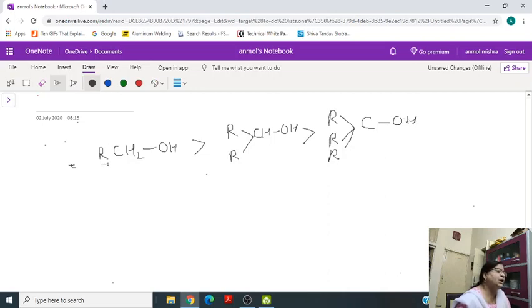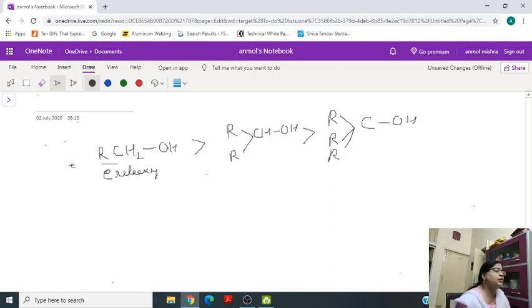Now this R is electron releasing. It increases the electron density on this carbon then to this oxygen.